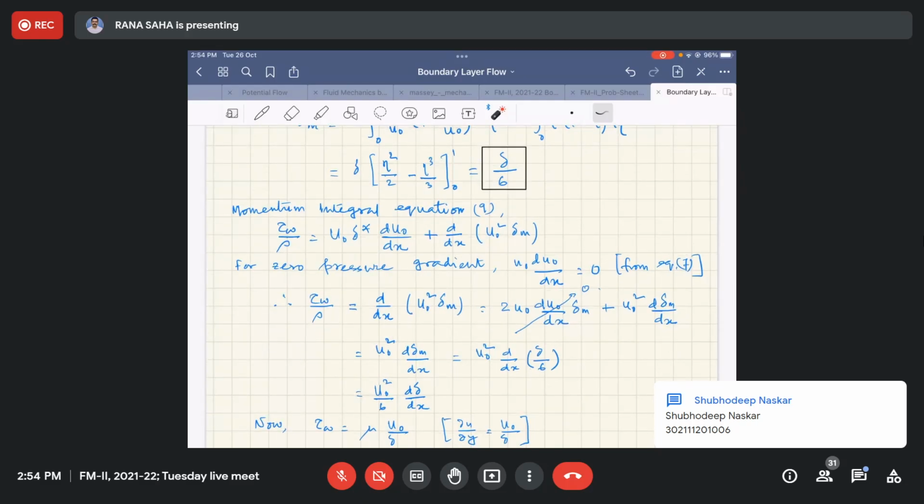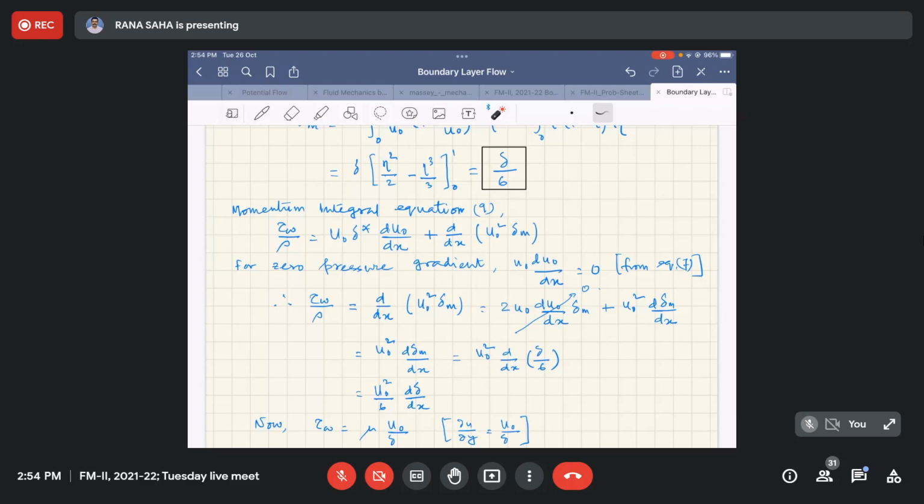So first you need to have a profile starting from linear profile to more higher order profiles, and then you need to evaluate delta star and delta m.